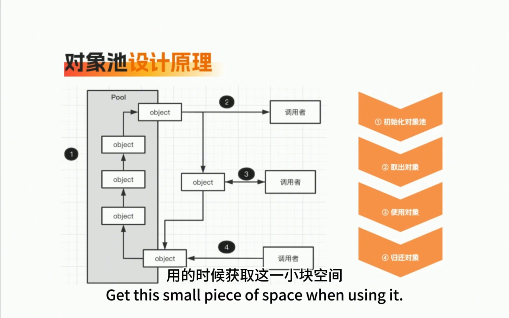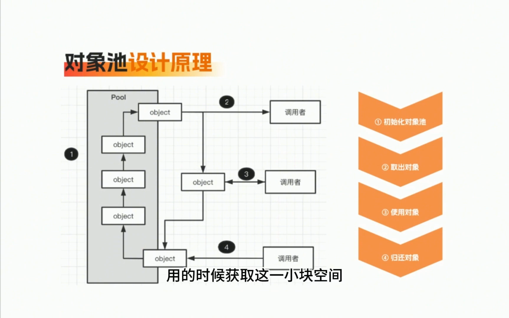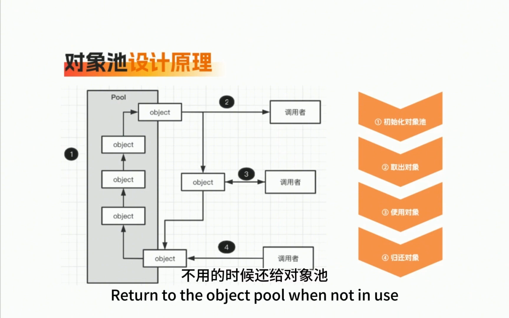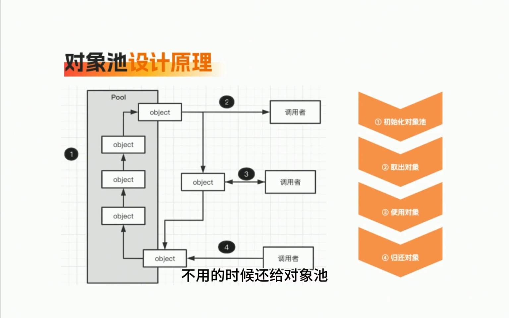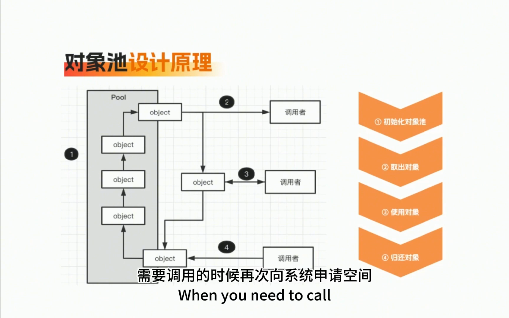You get this small piece of space when using it, and return it to the object pool when not in use. When you need more, you apply for space in the system again.